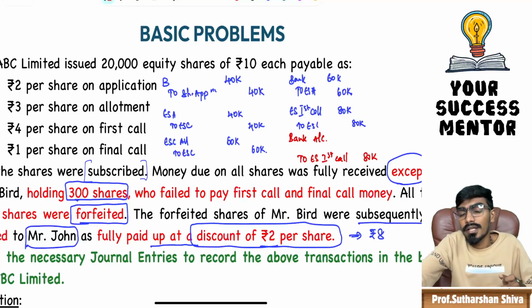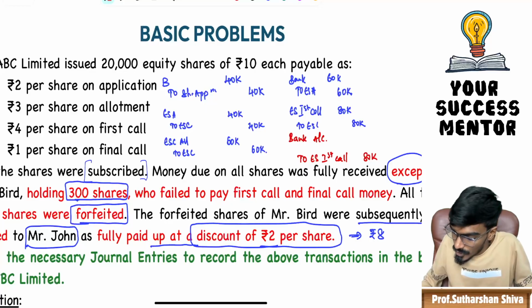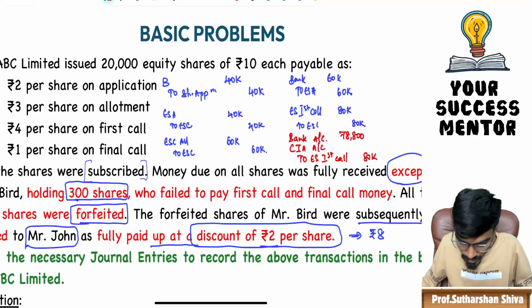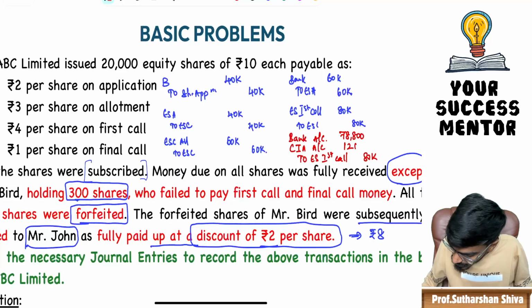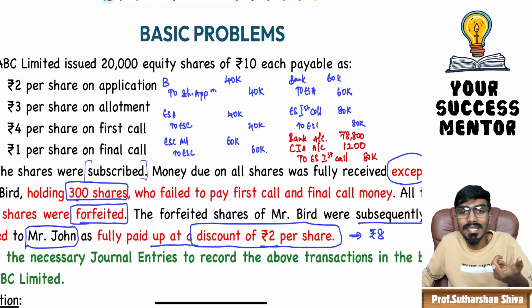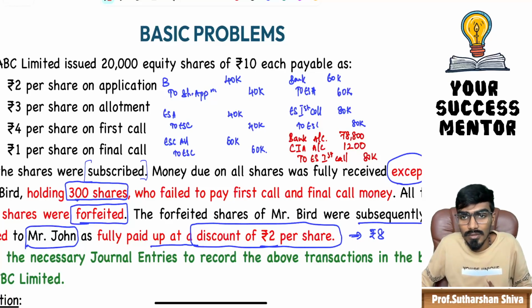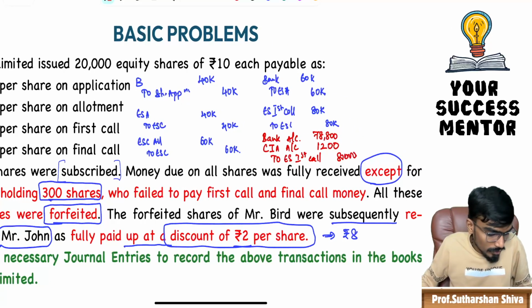For 19,700 shares, 19,700 into 4, which will give you 78,800. Then calls in arrear account is going to be 1,200, which is for Mr. Bird. Basically, instead of writing the word Mr. Bird account, we are writing calls in arrear account. Mr. Bird is now going to become my debtor. So this is going to be 80,000. This is the most crucial entry which you need to remember.